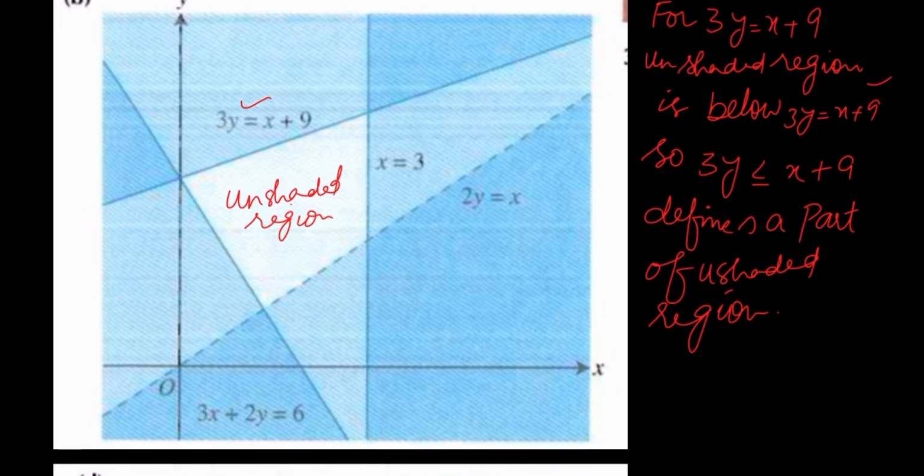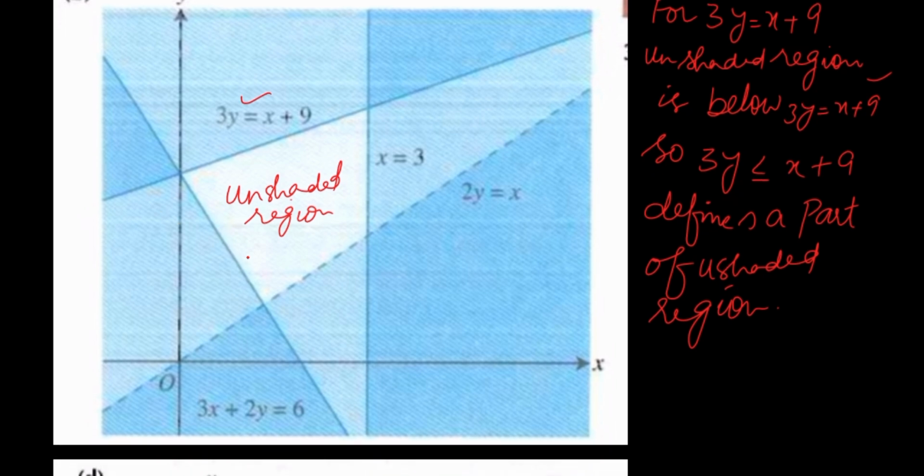Similarly, for the other lines, you can write 3x plus 2y is equal to 6. This is the line that represents 3x plus 2y is equal to 6.